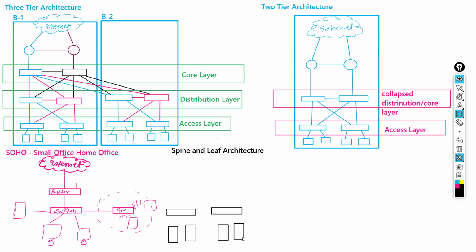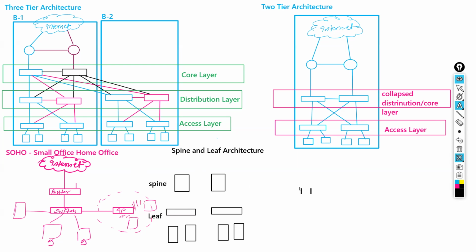And these switches will be connected to one more layer of switches. Okay. And how will the connection be? This first layer is known as your spine layer, and this layer will be known as your leaf layer.